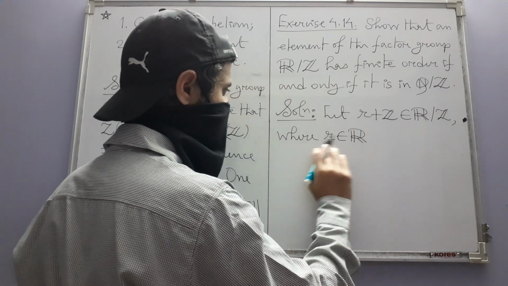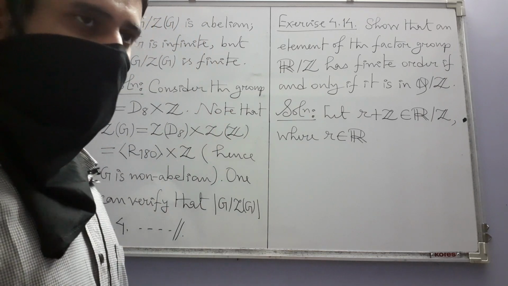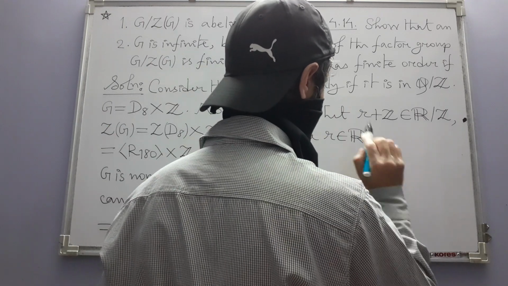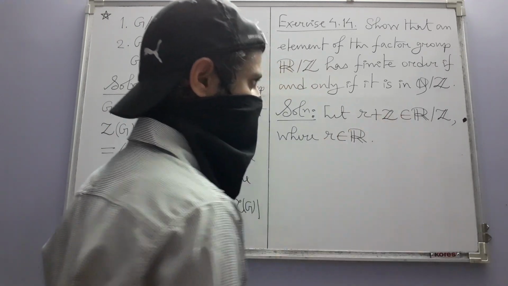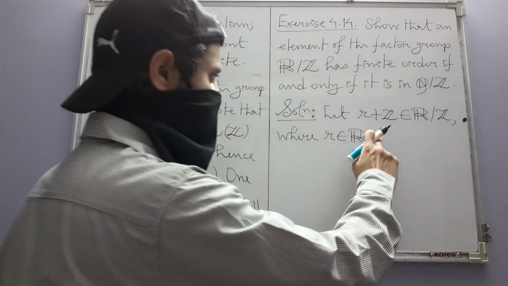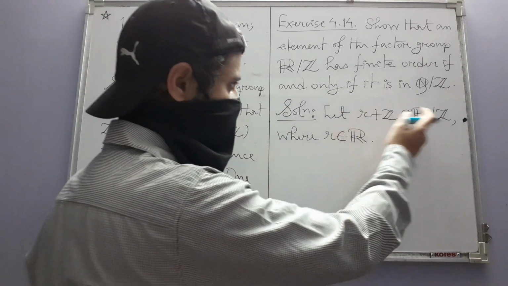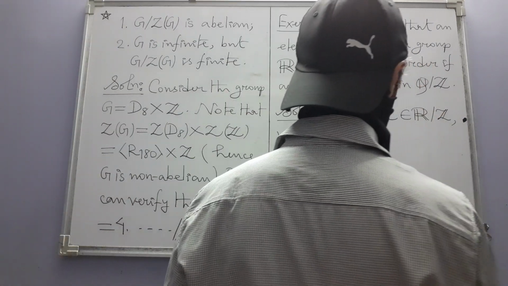Strictly speaking, this need not be written separately, but just for our own understanding, there is no harm in writing this. Once you write this, it automatically means that R is coming from here. I mean, usually that's how we write things.